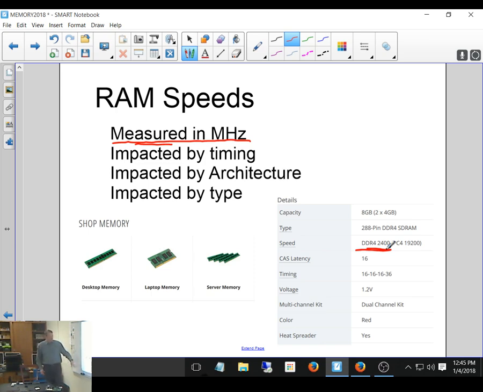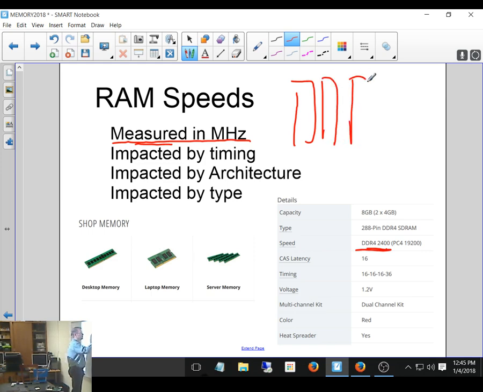So when we look at memory, there's desktop memory, there's laptop memory, and there's server memory. Then we've got other things that impact our speed, one of which is timing. When I talked about the fact that it writes across those memory modules, I'm not going to draw 8 of them in rows and columns, but that timing is what is right here, where it says timing 16, 16, 16, 36. Of those 4 numbers, the first one is called the CAS latency, or the column latency.